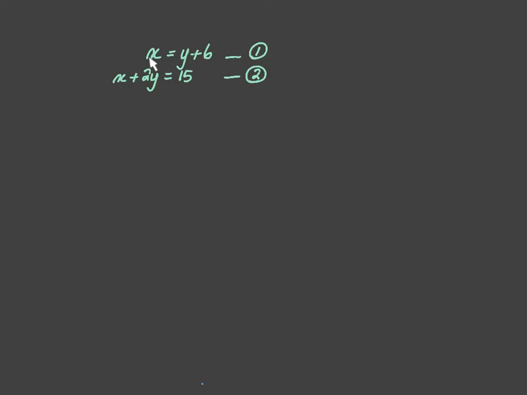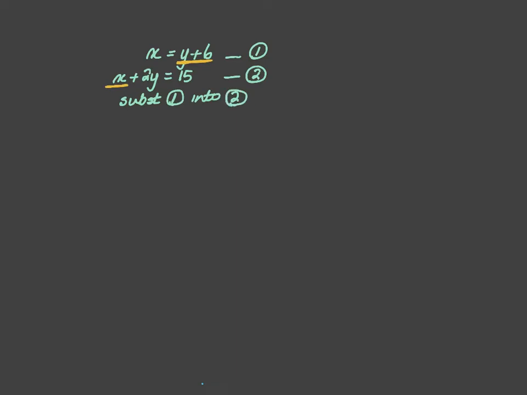So I've just got x by itself on this side and y plus 6 there. That means I can take y plus 6 and write it in this equation in the place of x. I write down, I am going to substitute from equation 1 into equation 2.